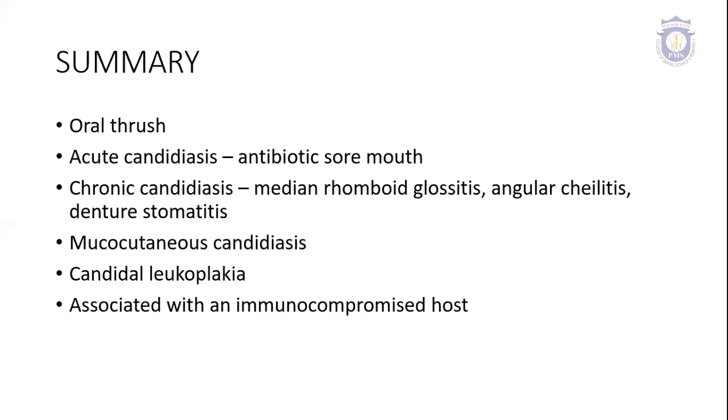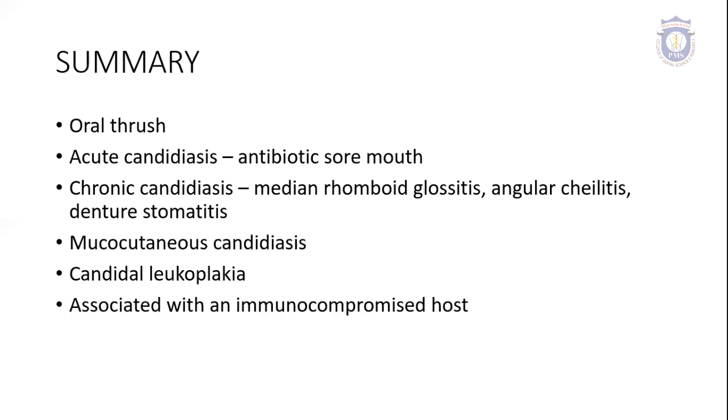To summarize the types of candidiasis, the first one is oral thrush, which is a prototype of oral candidiasis. And oral thrush is a pseudomembranous lesion. That is, the lesion can be scraped off, and we can see areas of erythema. The next is acute candidiasis, which means a candidal infection which has a sudden onset.